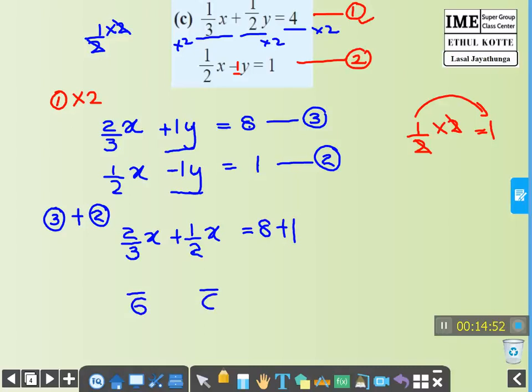To make 3 as 6, times 2, times 2, so 4x. 2 as 6, times 3, times 3, so 3x equals to 9.